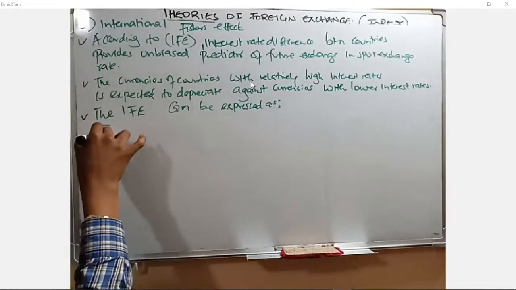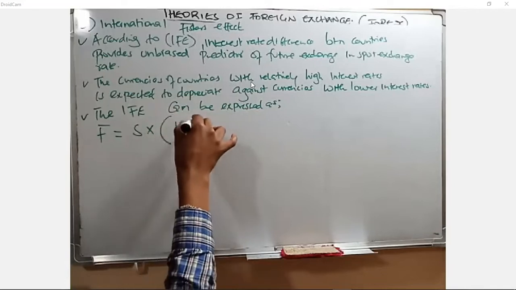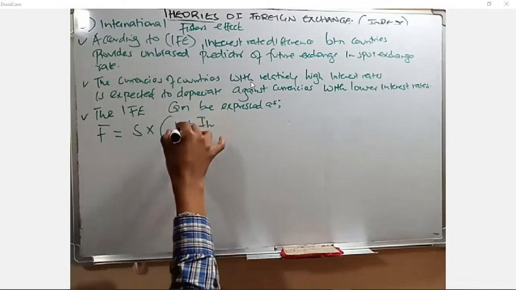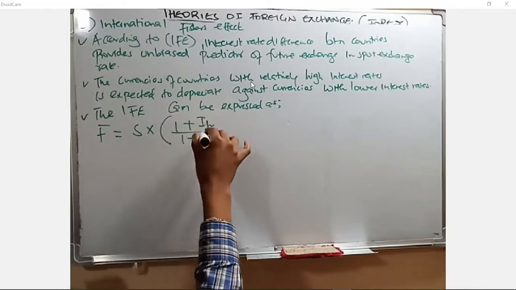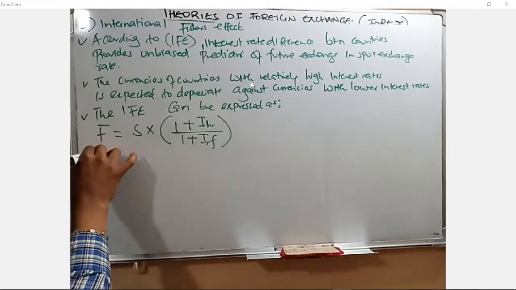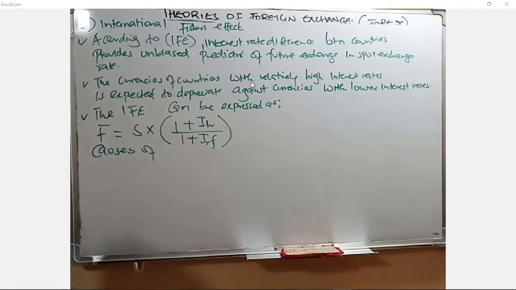To get F, we normally take the spot rate and multiply by 1 plus the interest of the home currency over 1 plus the interest of the foreign currency. I will do the illustration from the past papers. I just want to look at the causes of interest rate fluctuation.